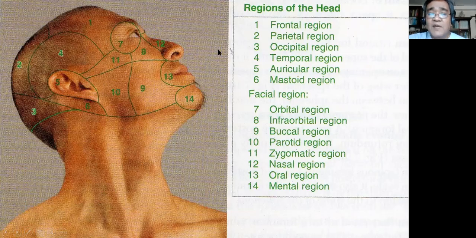Because you must know that these landmarks actually serve as important reference points for locating injuries, localization of the presence of any pathologies, and also for proper communication with your fellow medical professionals. If you are trying to report or describe an injury of the head, you must have a particular reference point in order that you will be understood by your fellow doctors. And this is the importance of using regional landmarks.